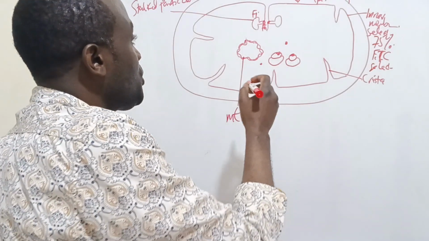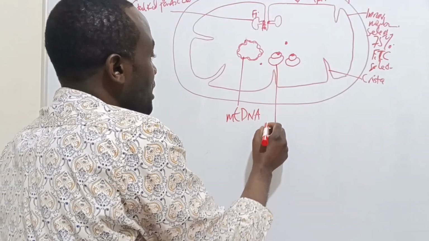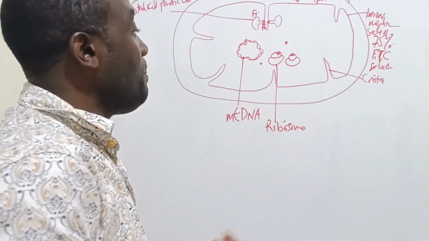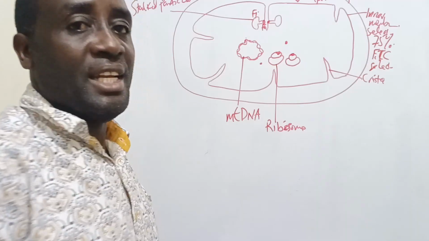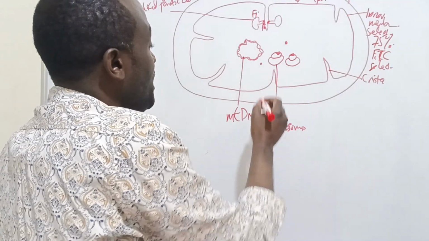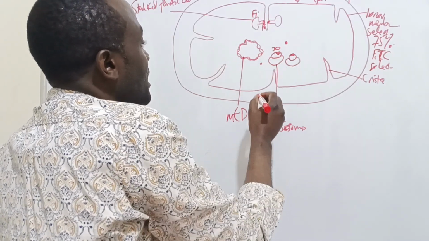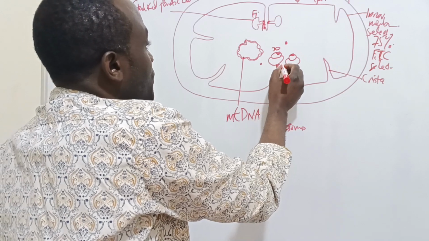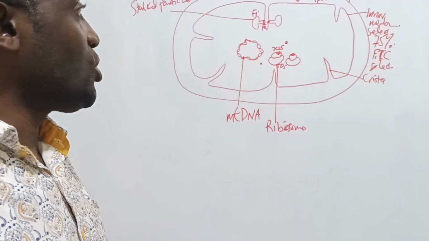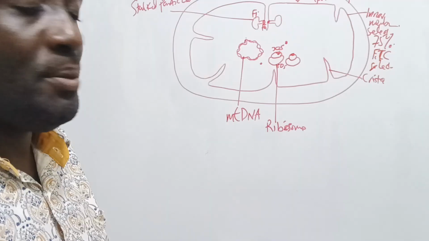Now, what you see here is a ribosome. It is a mitochondrial ribosome. There are many mitochondrial ribosomes. This ribosome is made up of a small subunit, which is 30S, and a large subunit, which is 50S. S stands for Svedberg's constant, units of sedimentation based on density.